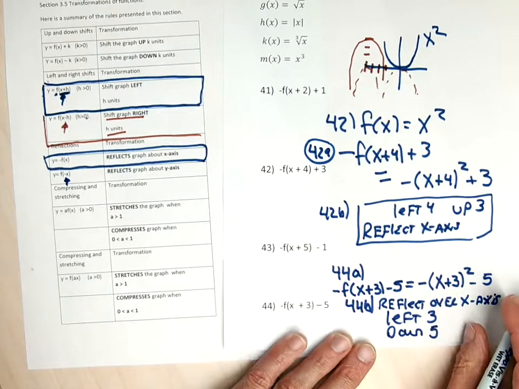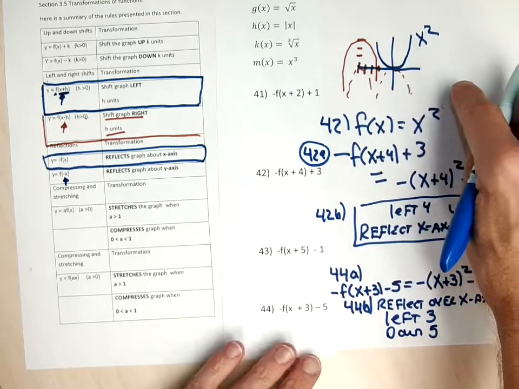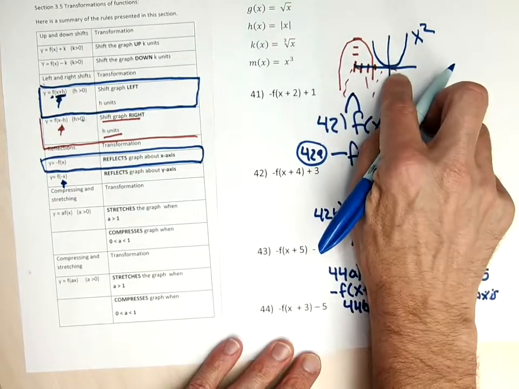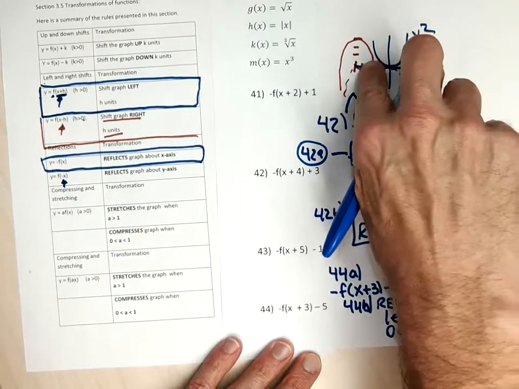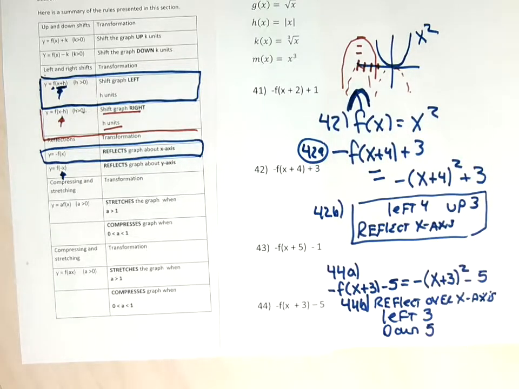I'm not going to graph this on my calculator, but if I did, it would be flipped over, moved left 3 and down 5. It would be down here somewhere. Flipped over, left 3, down 5. But I don't need to graph it to know what the graph would look like.